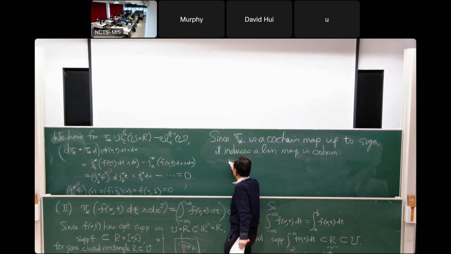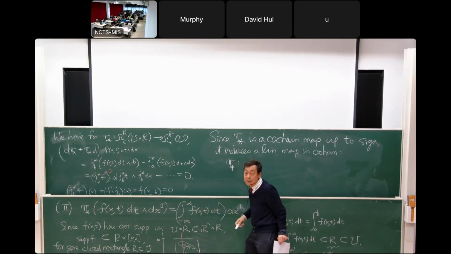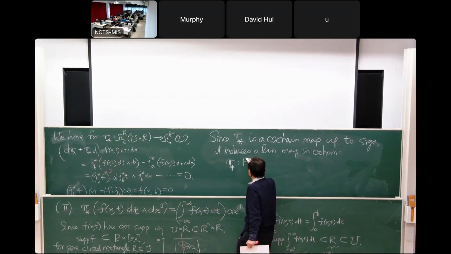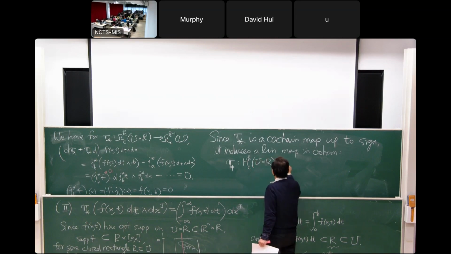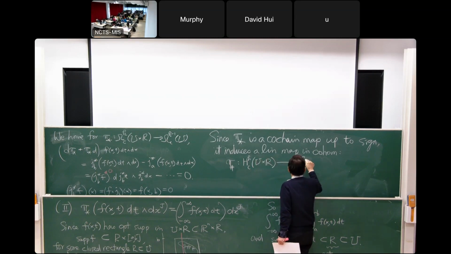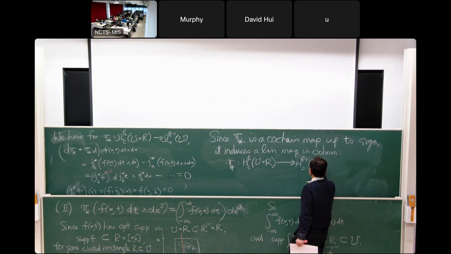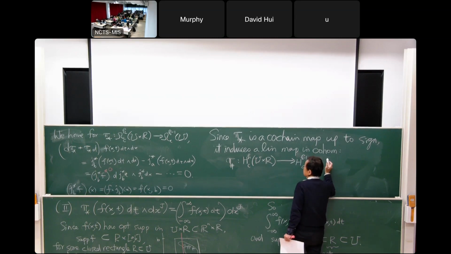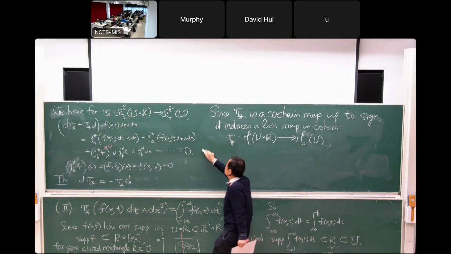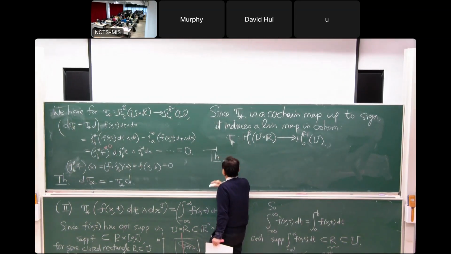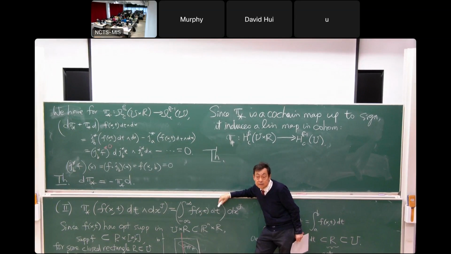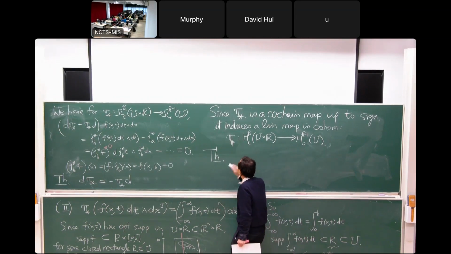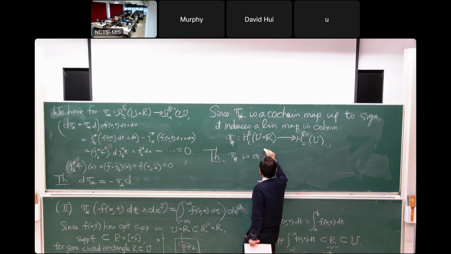Okay, so that linear map I will call pi lower hatch, and it's going to go from the cohomology with compact support of U cross R to the cohomology with compact support of U in one dimension less. And the main theorem today is that it is a linear isomorphism.